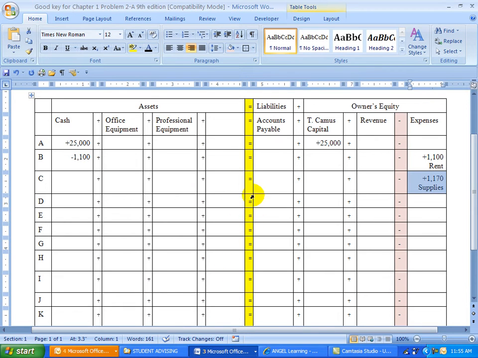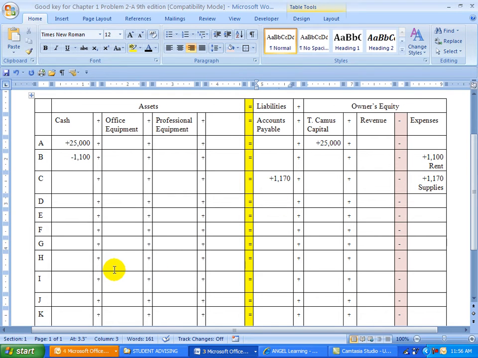So we have to go to accounts payable, and now that account, how much we owe, has increased by $1,170. Now, even though there are two pluses on the right side of the equation and nothing on the left, remember that this plus is going to be balanced off by a minus in this expense column. So we're still in balance.